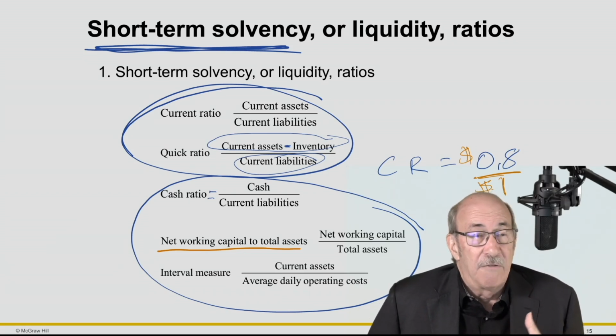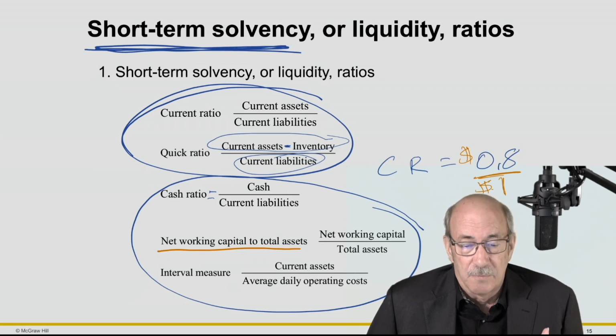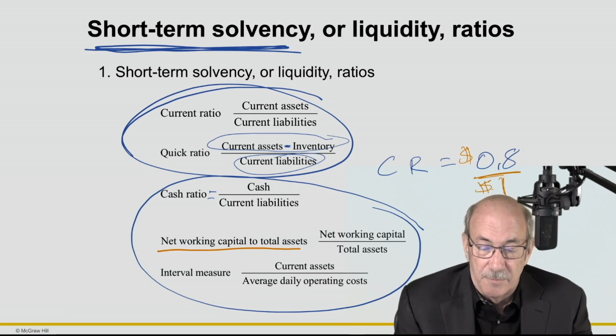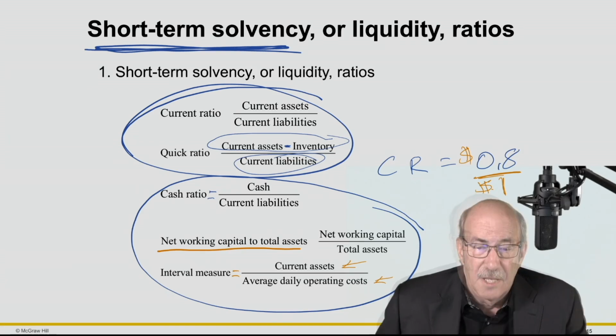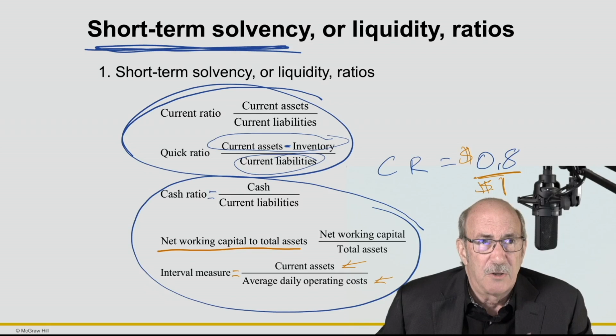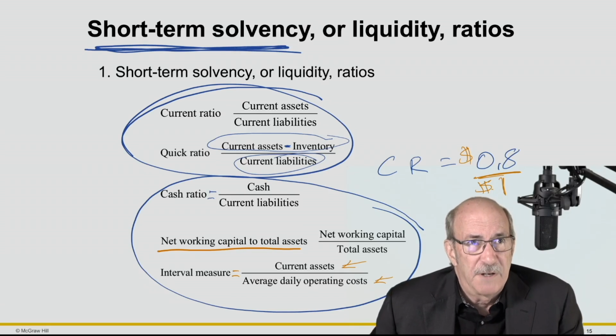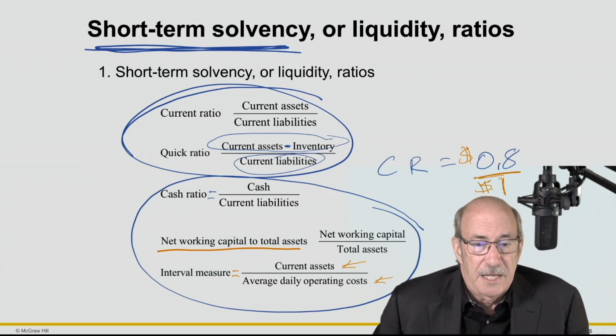Other firms have a lot of long-term assets, and the ratio would be considerably lower. And then finally, we have this interval measure, and that is current assets scaled by average daily operating costs. This interval measure is a measure of how long the firm can operate given its level of current assets.